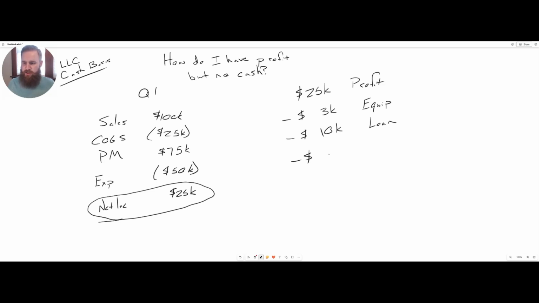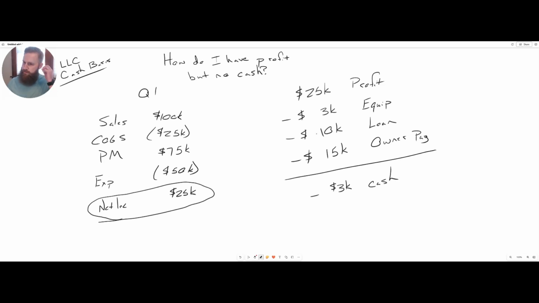You're just taking money straight out of the business. So let's say you take $15,000 out, or $5,000 per month. This is your owner's pay. So you're left with negative $3,000, because $25,000 minus $28,000 is negative $3,000.